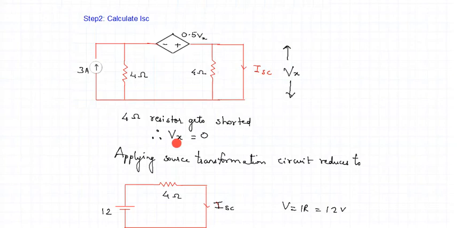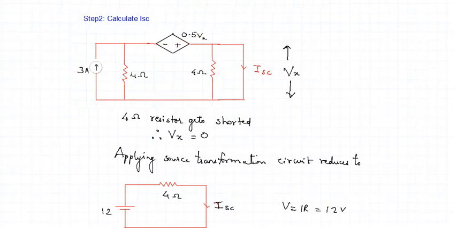As Vx becomes 0, the dependent source also becomes 0. So the 0.5 Vx dependent source also becomes 0. Therefore, now the network comprises the current source in parallel with a 4 ohm resistance, and the dependent source is now 0.